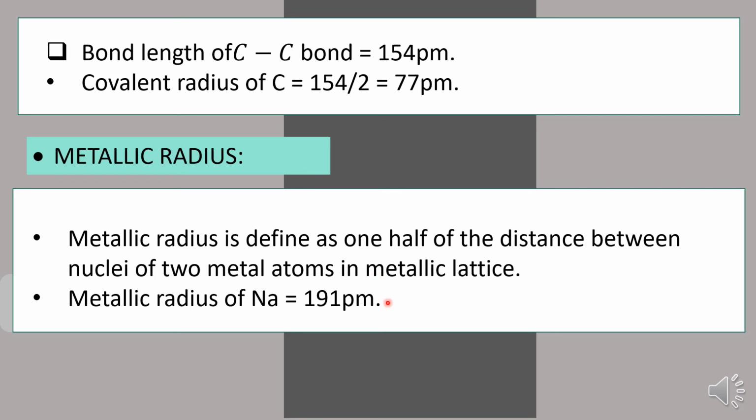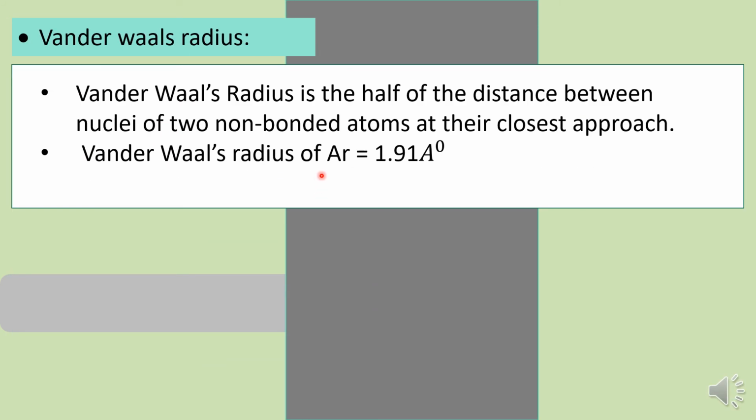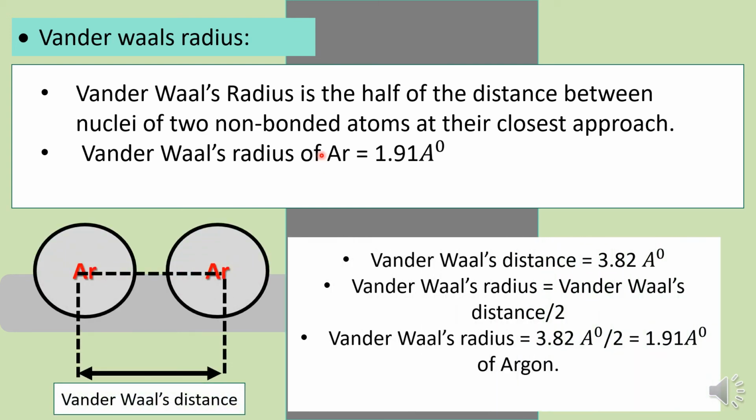So now what is Van der Waals radius? We have some atoms which can form neither covalent bonds nor metallic bonds. Such atoms are bound to each other through Van der Waals forces, and we represent their atomic radius in terms of Van der Waals radius. What is Van der Waals radius? It is half of the distance between the nuclei of two non-bonded atoms.